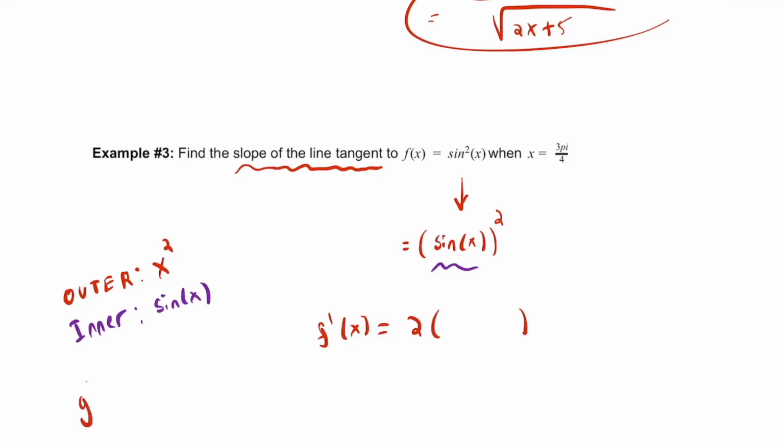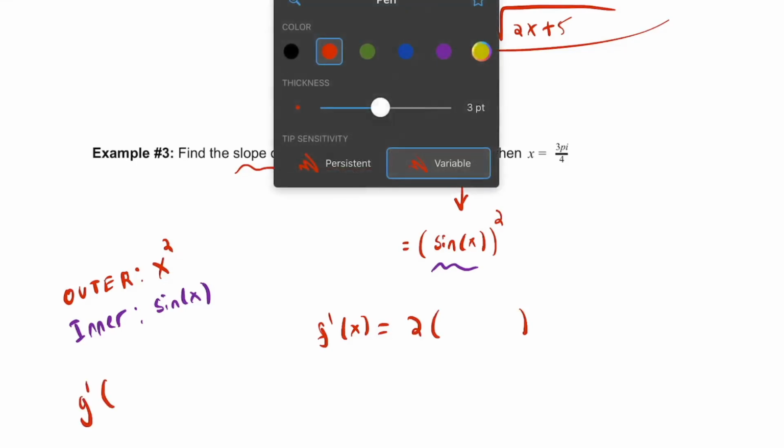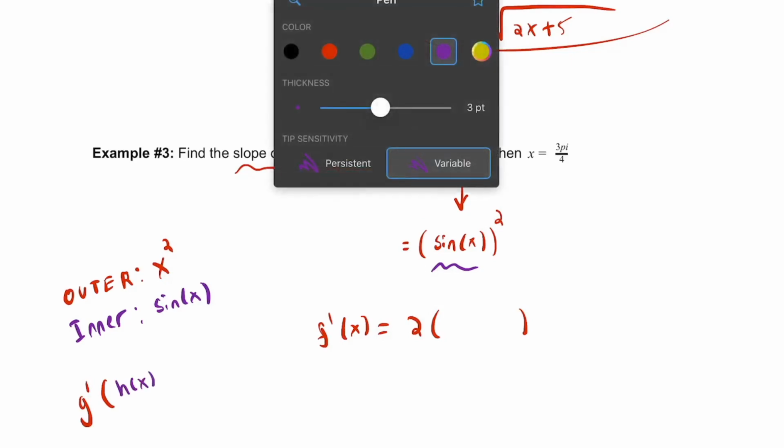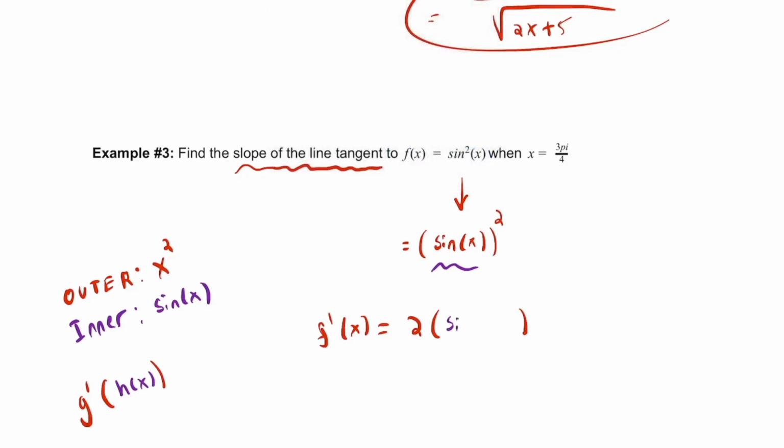This is g prime of h of x. And so I need to plug in sine of x, 2 times sine of x. But I can't forget what the chain rule says is times h prime of x. So times the cosine of x. And so what we have here is 2 sine of x cosine of x.